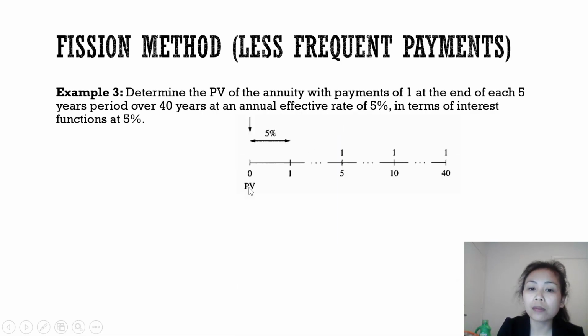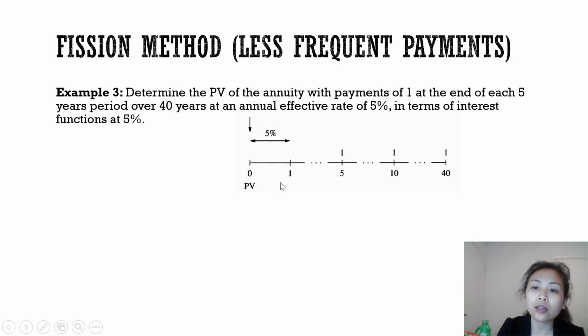So this is a time diagram. By the first approach, we found the effective rate over 5-year periods. But here we are going to use 5%. We're not going to find another rate, but we are going to modify the series of payments.